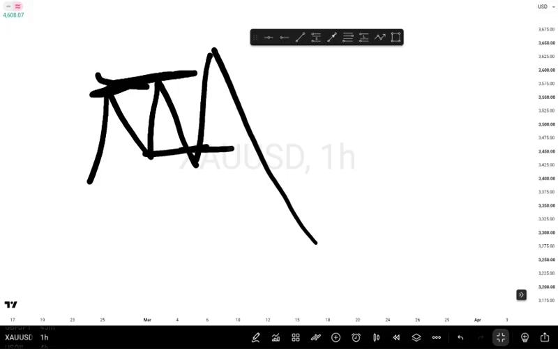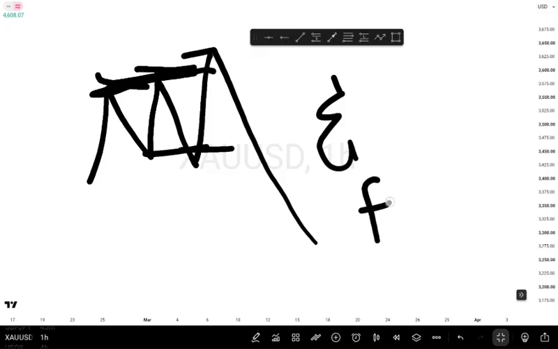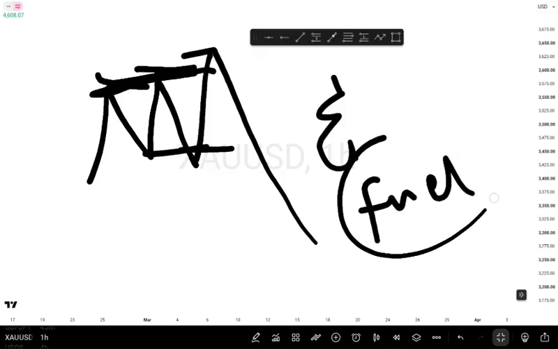Then those that are selling, setting their stop loss right here, will be taken away. That is, their stop loss has been generated. Now remember this very well, that liquidity serves as fuel. Liquidity serves as what? Fuel. So it makes the market to move smoothly.